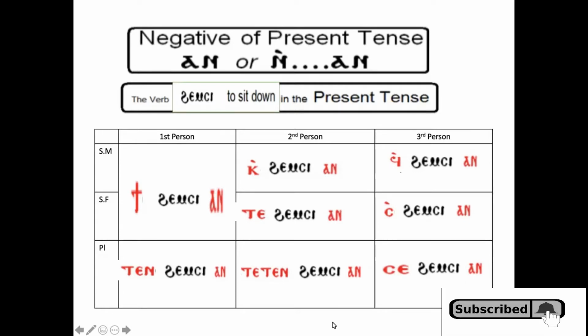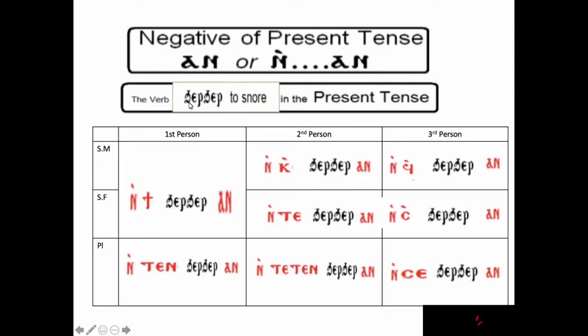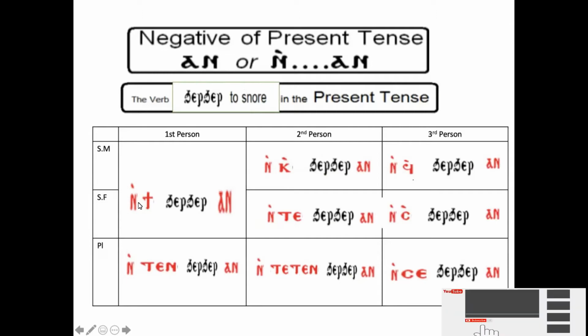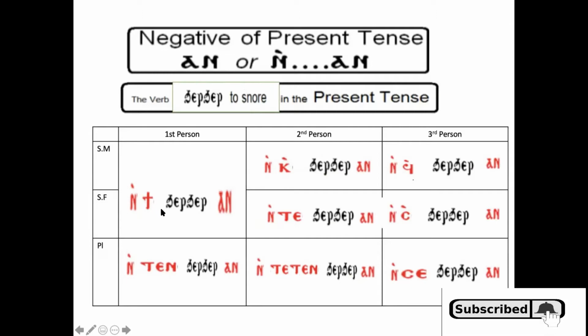Let's see another example with the other version of the negative present tense. So, khair, to snore. At the beginning, I say in, t, khair, on.